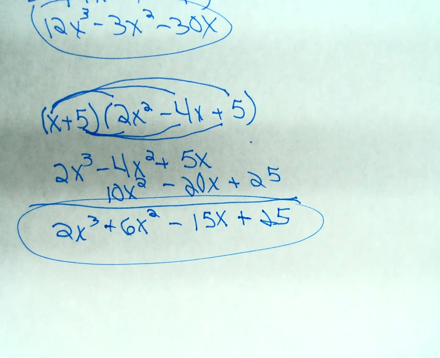Okay, so to be fair, you're comfortable with adding, subtracting, and multiplying. Are you comfortable with polynomials? What does it mean? What does polynomial mean? What does poly mean? Many. And what does nomial mean? Number or terms. Okay?